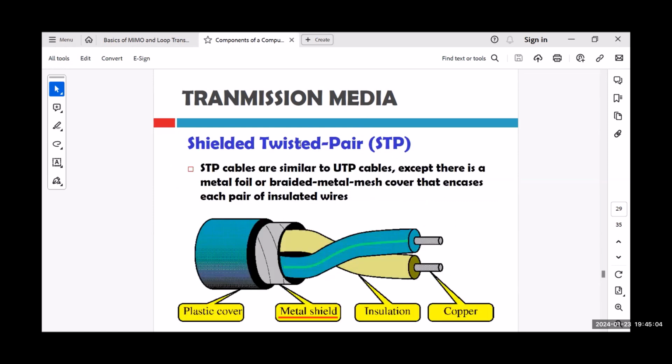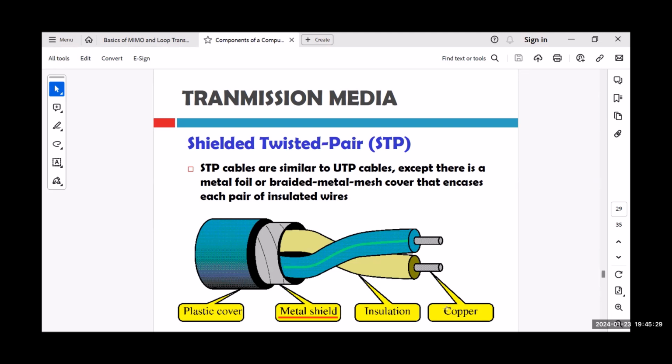Okay, the next thing is the shielded twisted pair. The shielded twisted pair is similar to unshielded twisted pair cables, except there is a metal foil or braided metal mesh cover that encases each pair of insulated wires. So we have a plastic cover over there again for the mechanical protection. Then we have a metal sheet, and then we have an insulator and a copper inside.